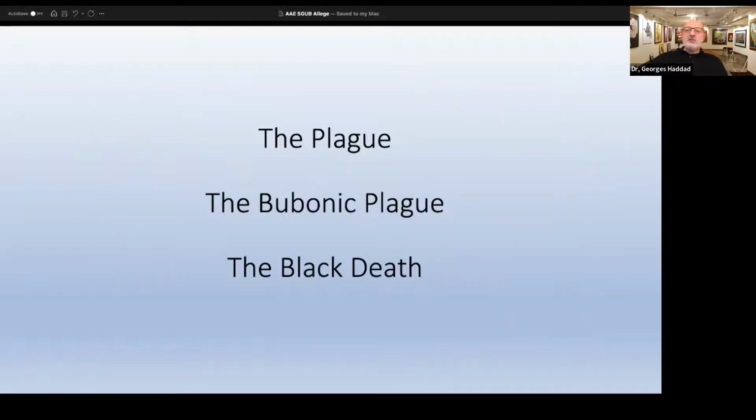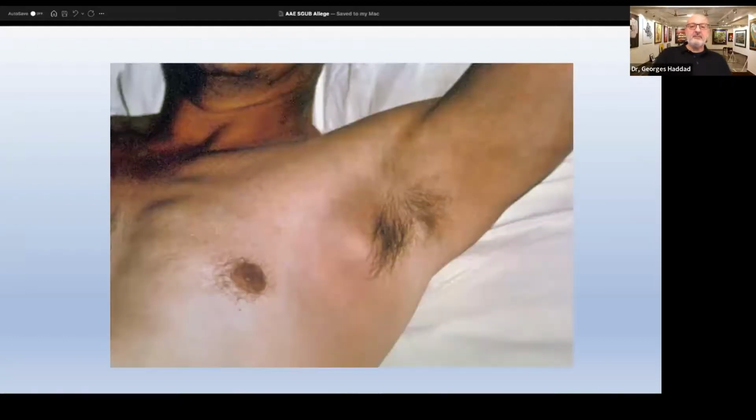So now let us talk about the plague, the real plague, the bubonic plague, the Black Plague. It is of interest to know that the name Black Plague did not actually start until the 16th century in Denmark. Before, it was called the pestilence or the Great Death or bubonic disease. So the name did not occur until a few hundred years later.